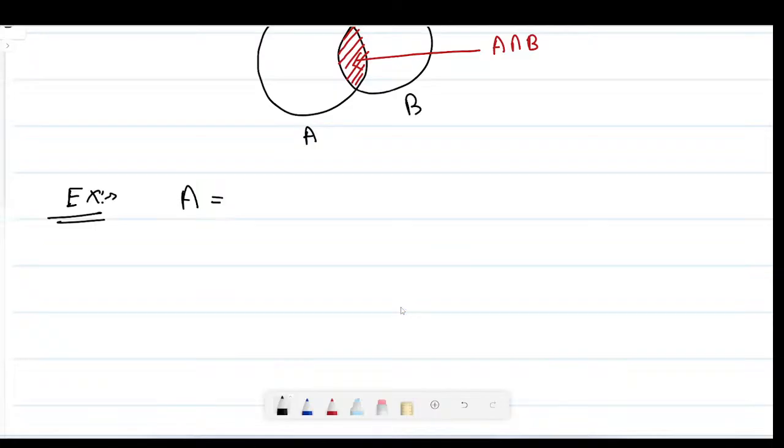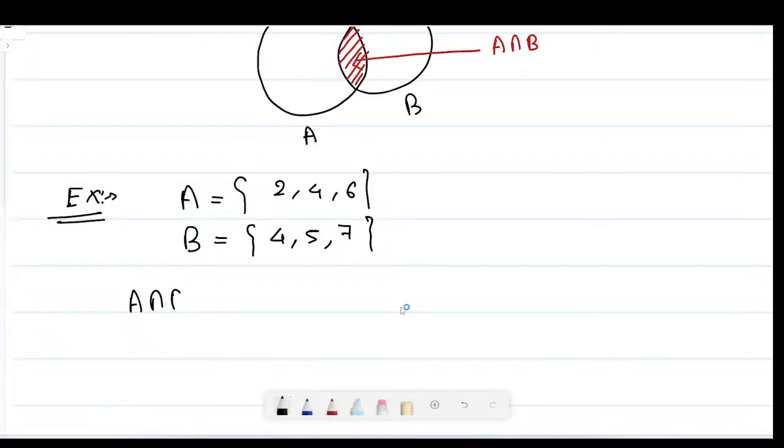So if A is 2, 4, 6, B is 4, 5, 7, then A intersection B is the common part. That will be 4. 4 is in the common group. So intersection will be only 4.